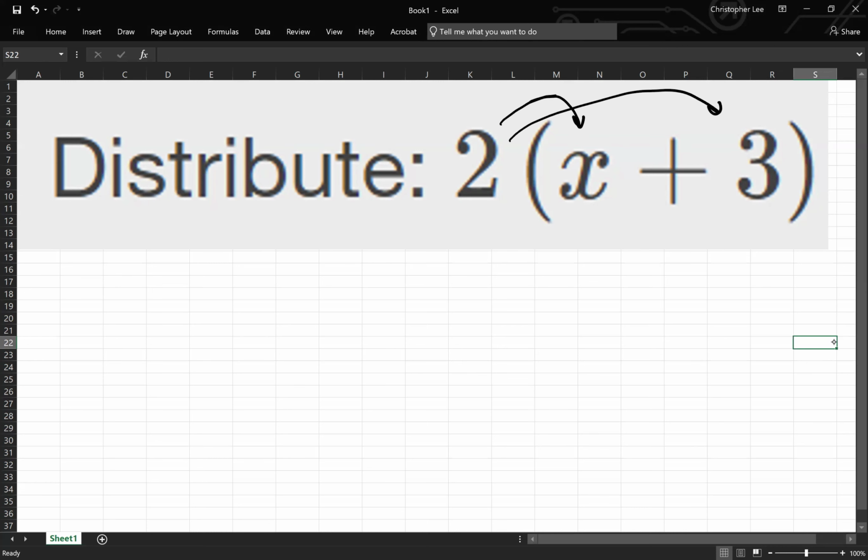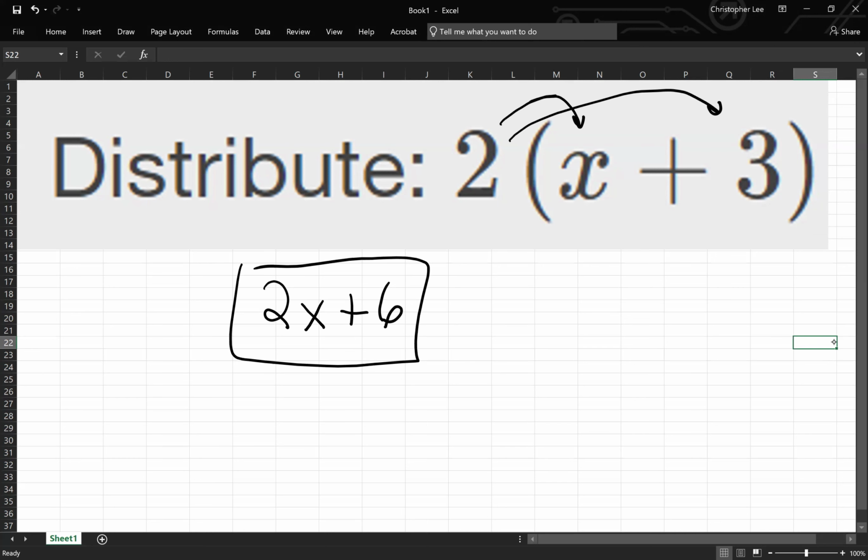So this is 2x plus 3, plus 6, right? Because 2 times 3. And then that's it. Any questions on this? We good? All right, let's keep it moving.